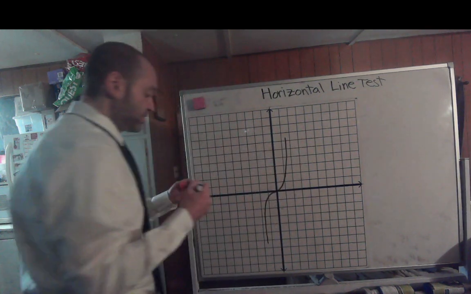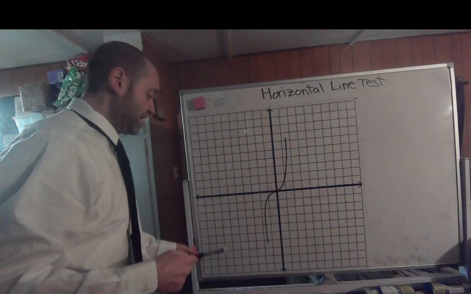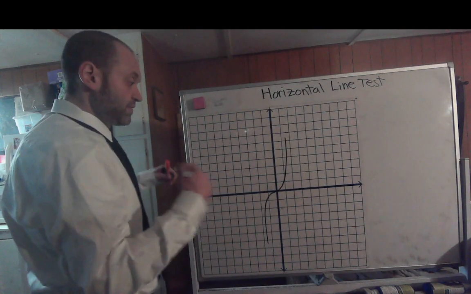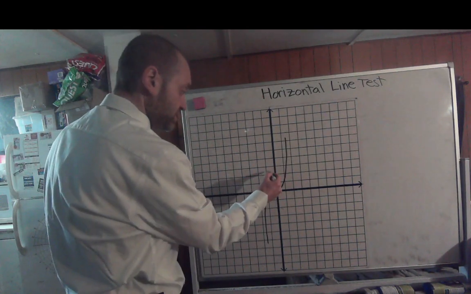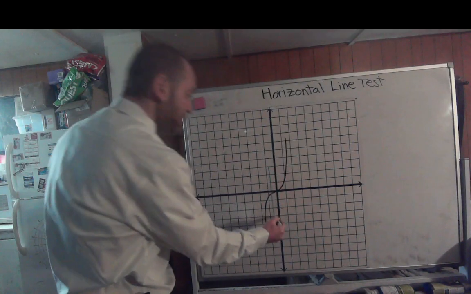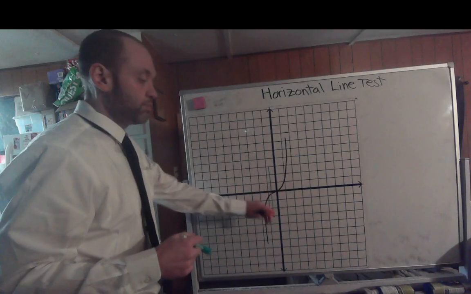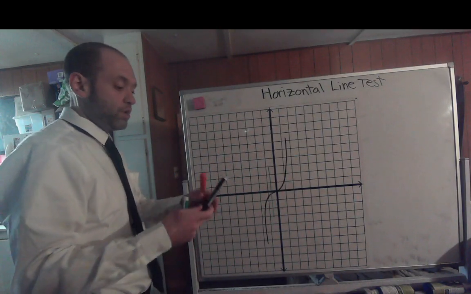Alright, graph of the classic cube function, f of x equals x to the third. Well, let's do the vertical line test first. It passes the vertical line test. It only goes through the curve at one point, and it would do that for anywhere on the curve. So this is definitely a function. Now the next question is, is it one-to-one?